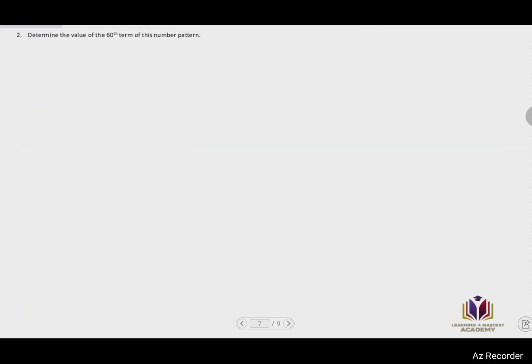The next question reads as follows. Determine the value of the 60th term of this number pattern. Now, before we do this question, let me just discuss 2 concepts, Tn and n.